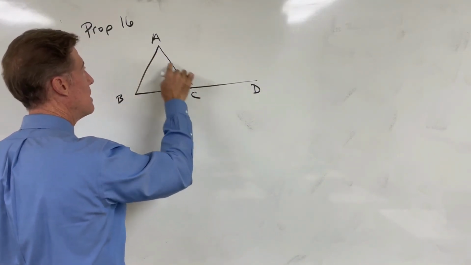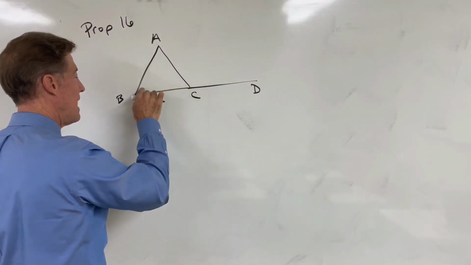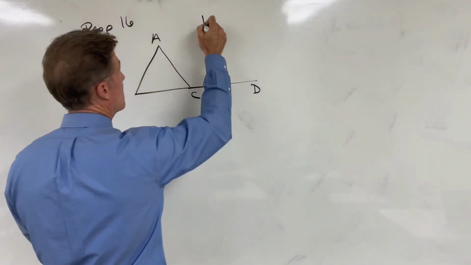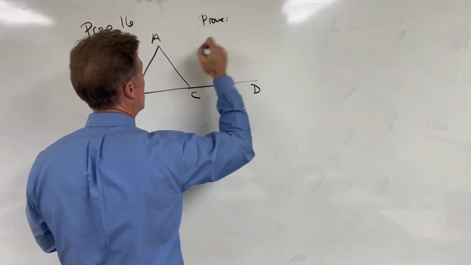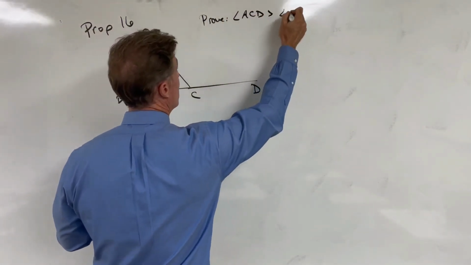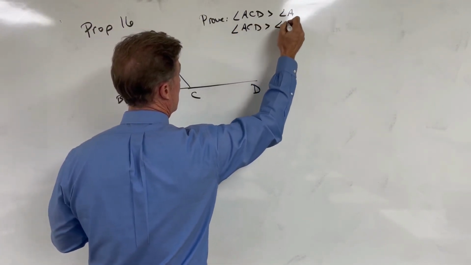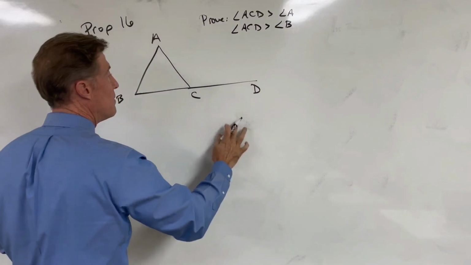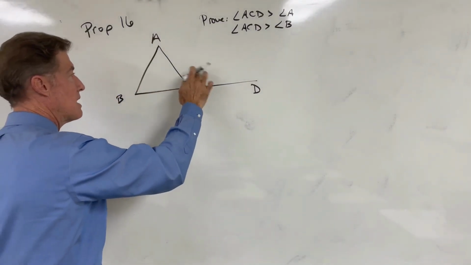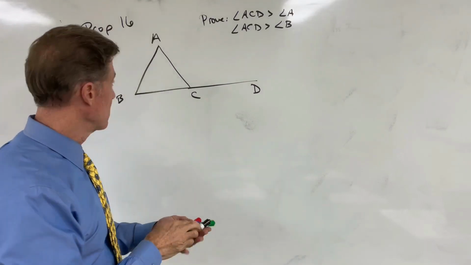So this exterior angle is going to be greater than the angle at A. We can also prove that it is greater than the angle at B. So this is what we're going to prove: that angle ACD is greater than the angle at A and greater than the angle at B. Proving the universal truth that an exterior angle is always greater than either of the opposite interior angles.